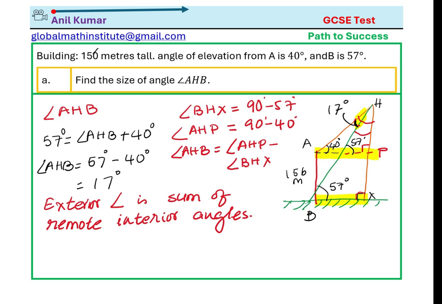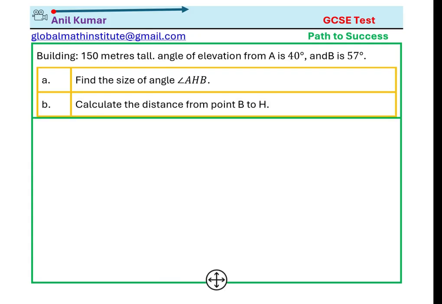Now we can move on to the next part of the problem, which is we need to find BH, right? Correct. So first part is over. I think that is absolutely clear. Correct. So we have that angle as 17 degrees. How do you find BH? So let me again sketch the whole diagram. See, there's no harm.